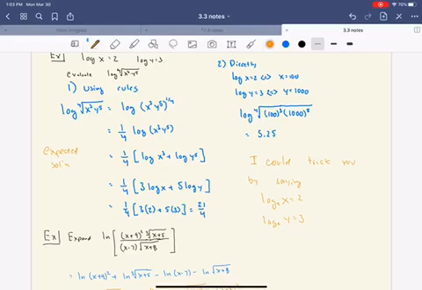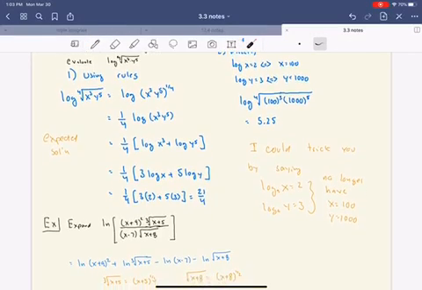And now we no longer can say, we no longer know that x is 100 and y is 1,000. Okay? So I'm not going to do that, but that's something that you guys got to keep an eye out for, just in general.